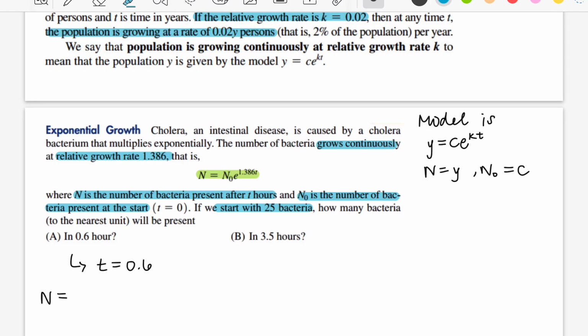So N naught, remember, is our initial amount, and we're told that we're starting with 25 bacteria. So N naught, plugging that in there, is 25. Then we have e to the power k times t, and we're told that k, which is our relative growth rate, is 1.386.